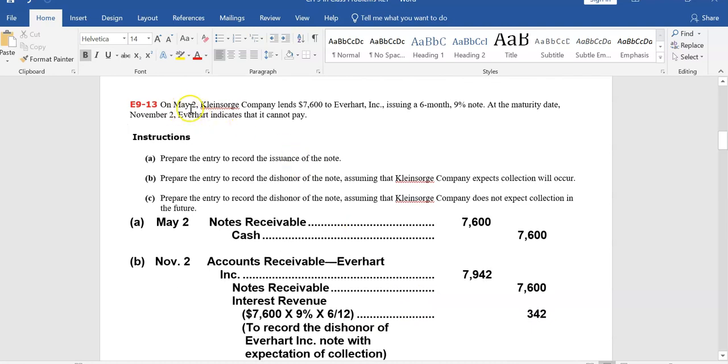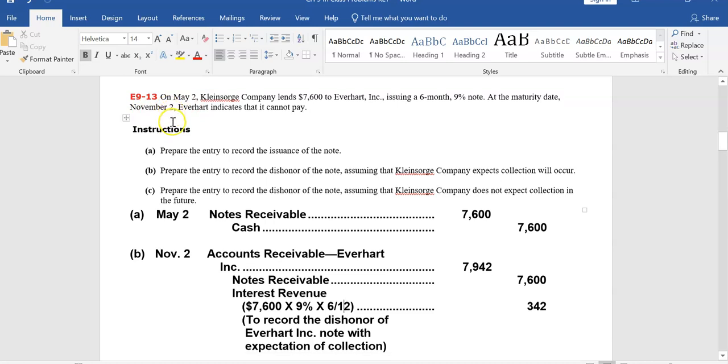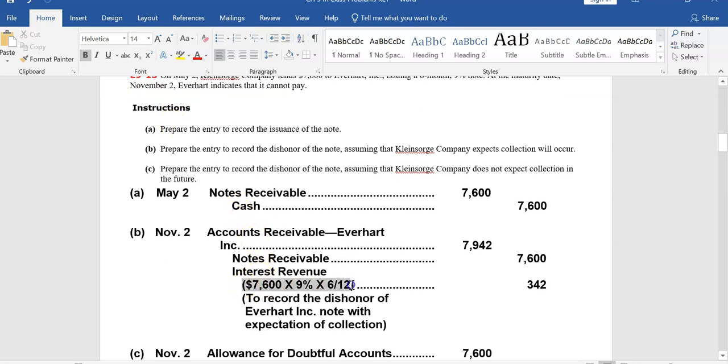Because it was issued on May 2nd and it matures November 2nd, that's 6 months. So the total interest that Everhart now owes is $342. That's the amount of interest that Klein's Org has earned. So they are going to record it as interest revenue, and the total receivable is now $7,942.